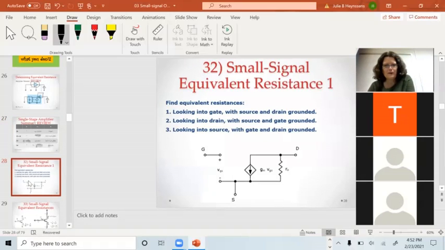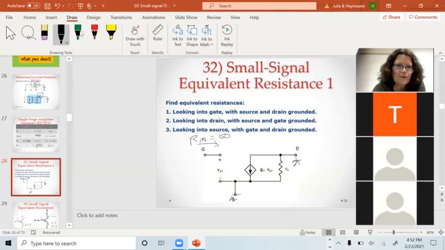Oh, good. You guys will be able to see this. And we just did this. Looking into the gate with the source and drain grounded, you see RN, this is for a common source, is infinity. No current can flow.